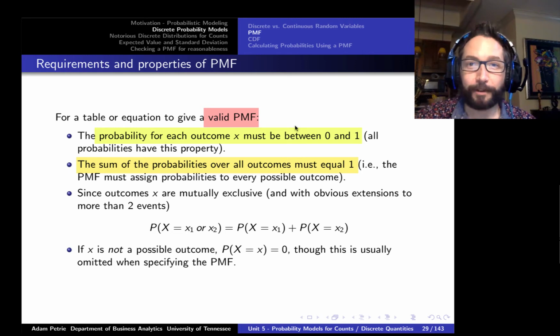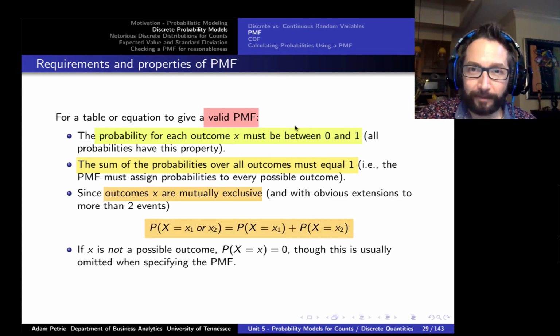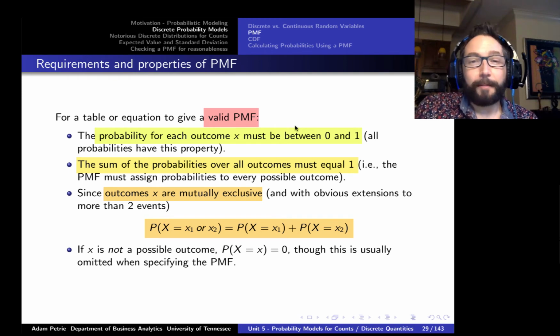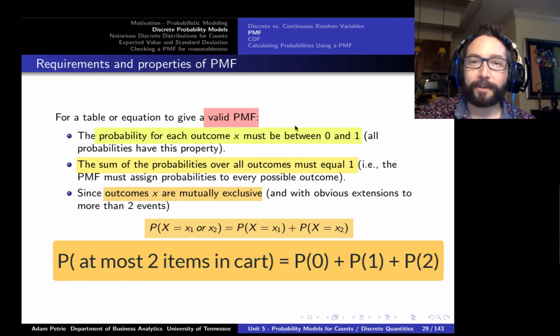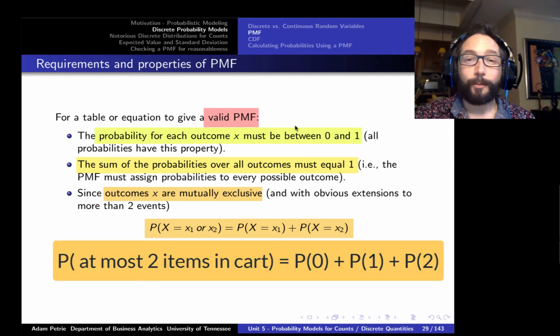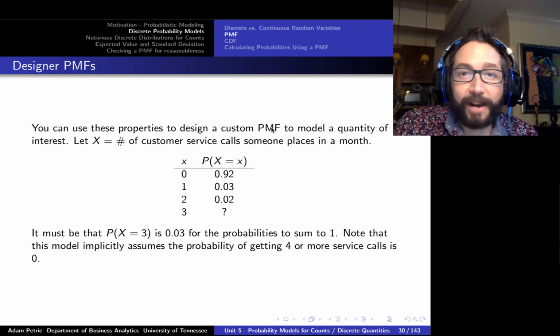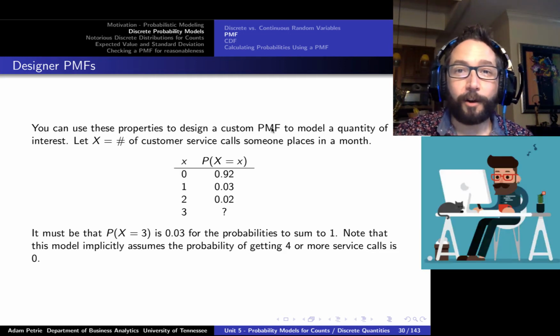So the sum of all those probabilities has to be 100%. And likewise, when we specify the possible values of little x, those values need to be mutually exclusive. And so the nice thing is that when we use a probability model to figure out the probability of some combination of outcomes, like what's the probability of x1 or x2, we just get to straight up add the component probabilities.